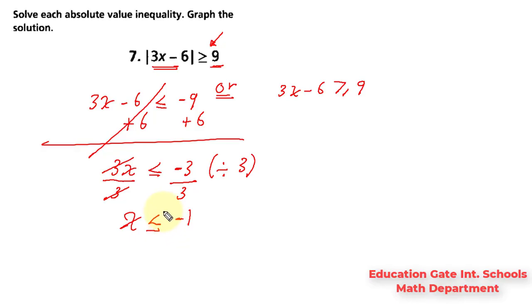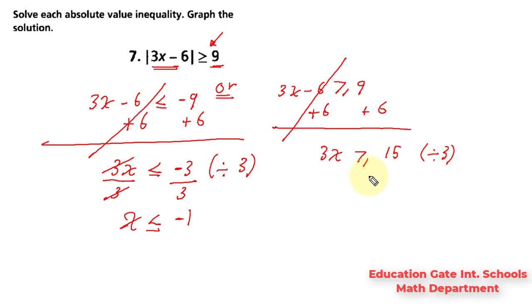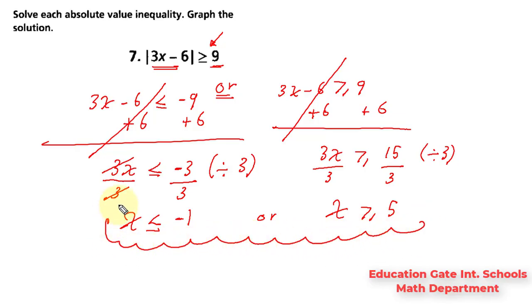The other, add 6 to both sides, draw a line, cancel, 3x is greater than or equal 15. Divide both sides by 3. We get x is greater than or equal 5. Don't forget to write or. So the solution of the main inequality, absolute value of 3x minus 6 is greater than or equal 9, is x is less than or equal negative 1 or x is greater than or equal 5.